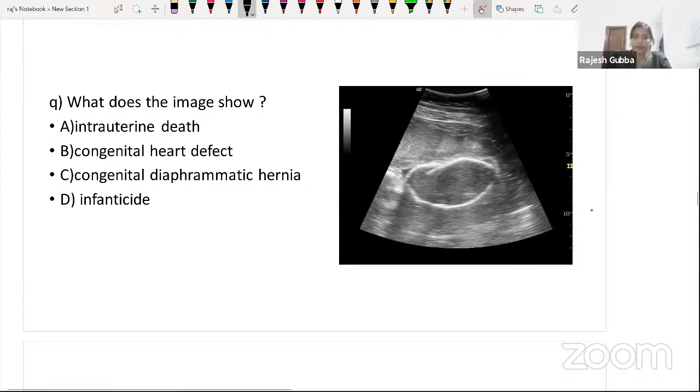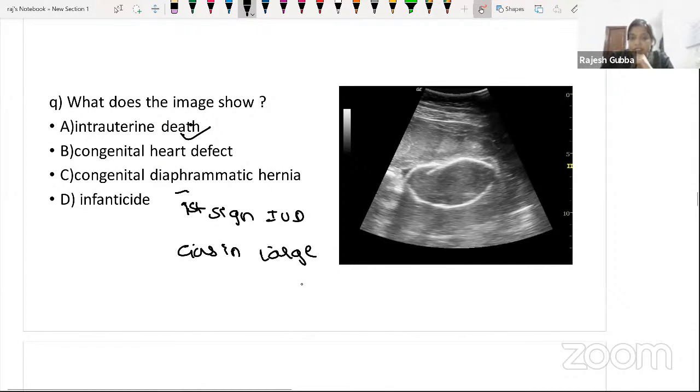What are the other signs of intrauterine death? The first sign of intrauterine death is gas in large vessels, which is seen as early as 12 hours post death of the fetus. What is this sign called when you see gas in the large vessels like the aorta?